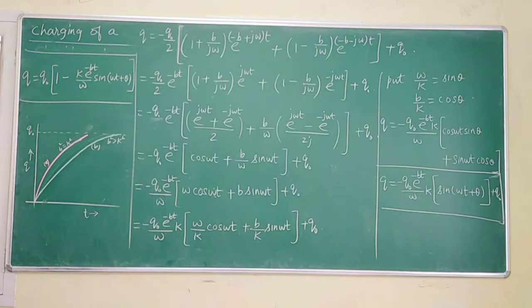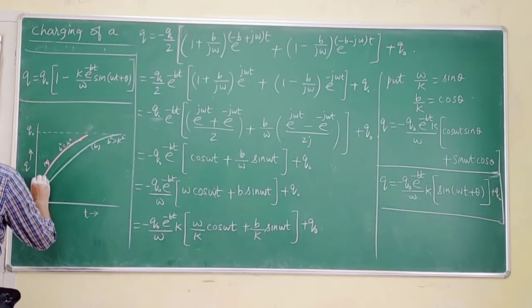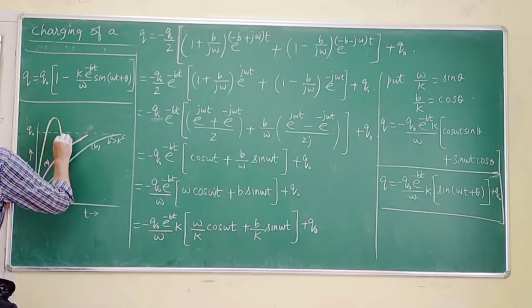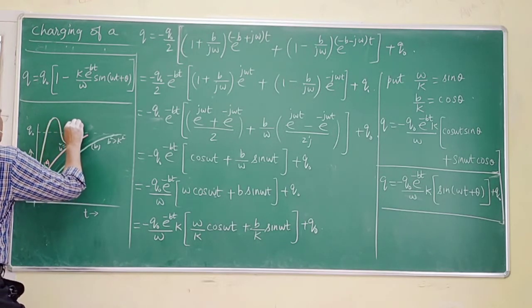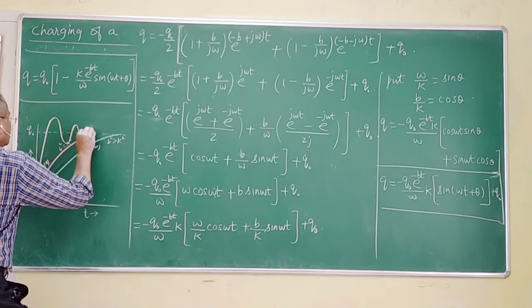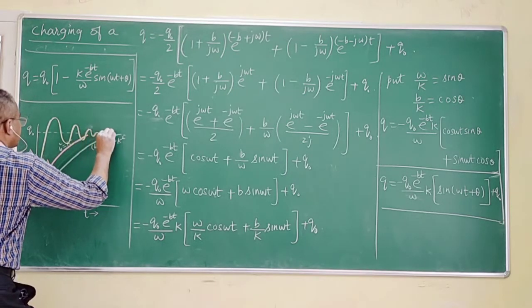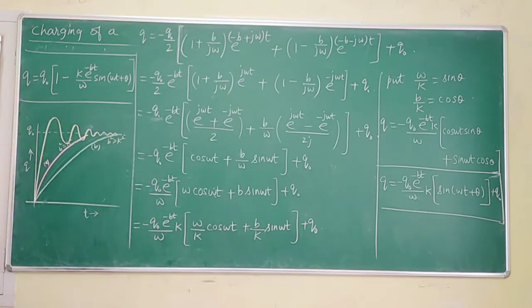The third case, how the charge will be? I will draw it in a different color. This charge rises above and below the maximum value until it reaches the maximum value q naught.